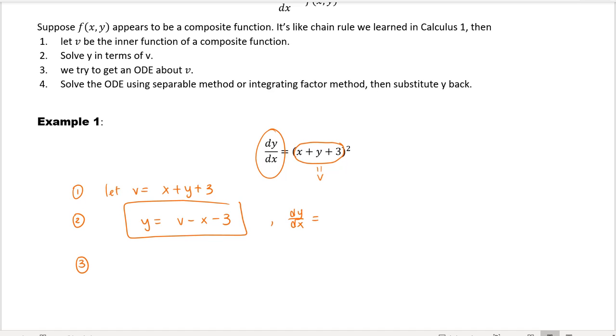On the right hand side, we have dv dx minus the derivative of x, which is 1, and the derivative of minus 3 is 0. Okay? Now, we can plug in this guy here. Then we have dv dx minus 1 equals v squared. Now you see, this is an ODE about v.